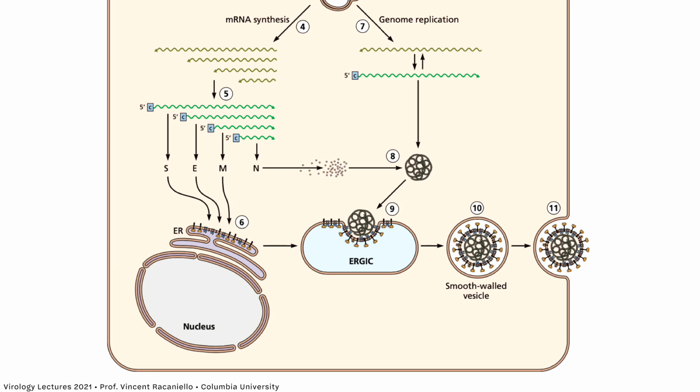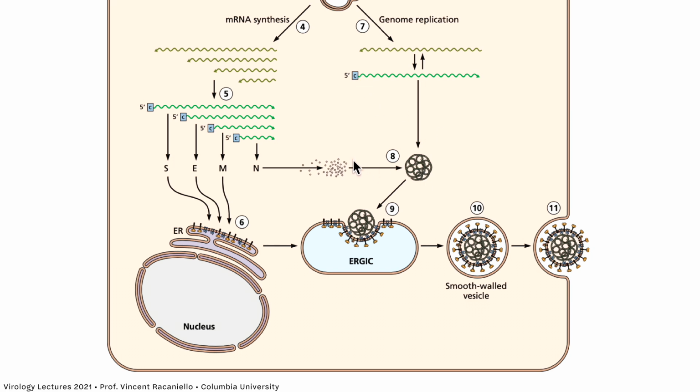Let's take a look for coronaviruses. We have talked about their genome replication, their mRNA synthesis. At some point, you're making the glycoproteins in the ER, and they get shuttled through the Golgi. This is the ER-Golgi intermediate compartment, between the ER and the Golgi. So now we have viral glycoproteins there. And the nucleocapsid is assembled in the cytoplasm.